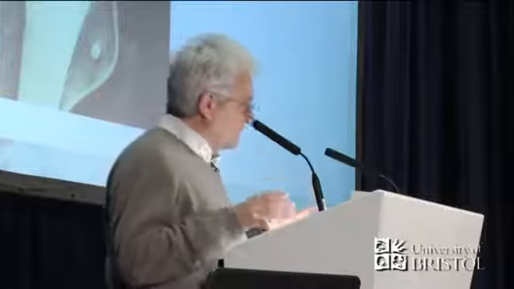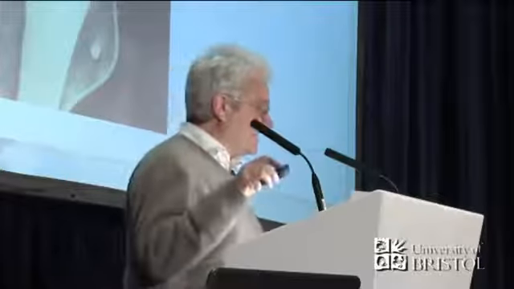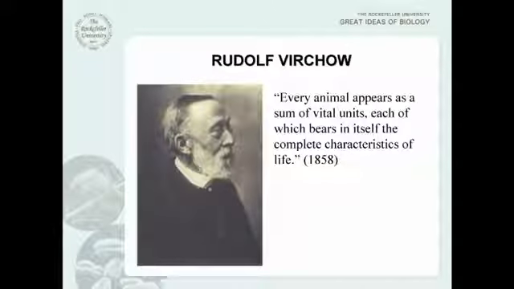But of course, cells are more than that. Cells are also the basic functional unit of life, and that was being developed in parallel and found its clearest expression by a pathologist, Rudolf Virchow, in fact the founder of pathology. And in Germany again, Virchow wrote in 1858 in his book on pathology, every animal appears as a sum of vital units, each of which bears in itself the complete characteristics of life.